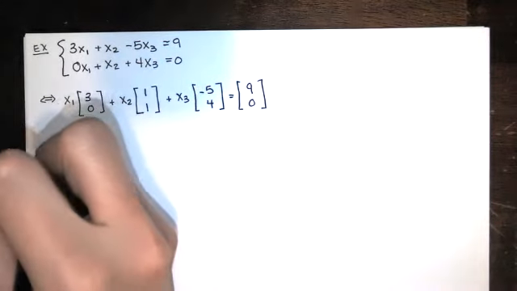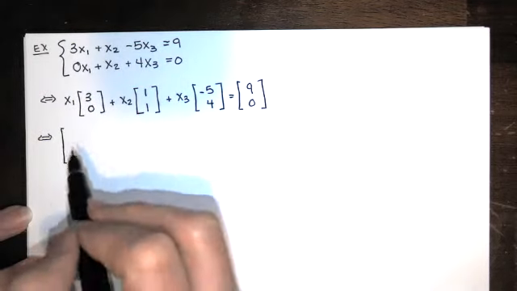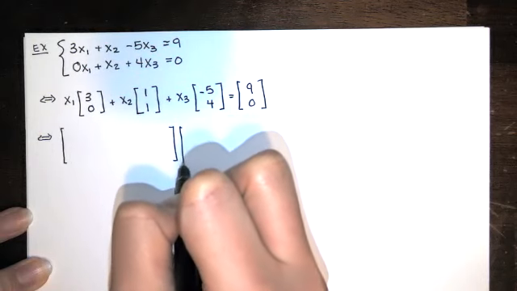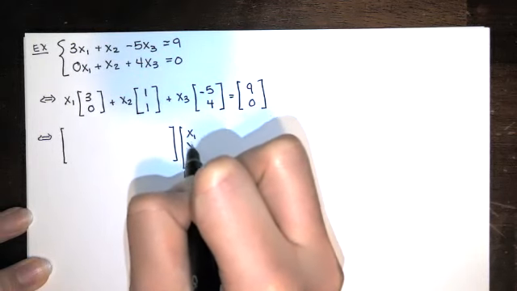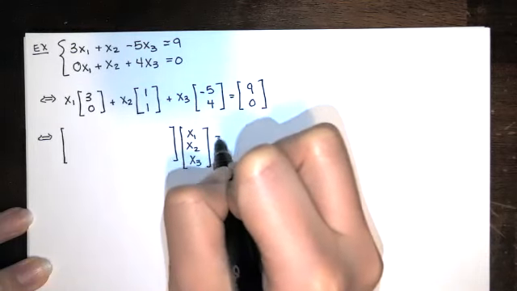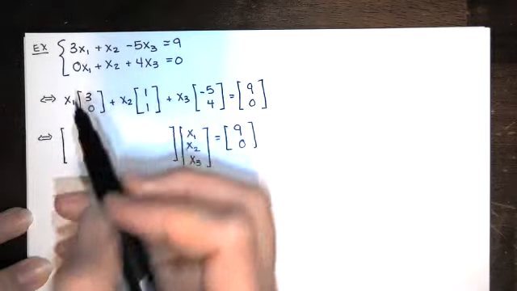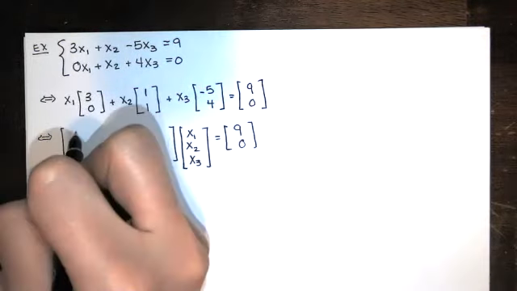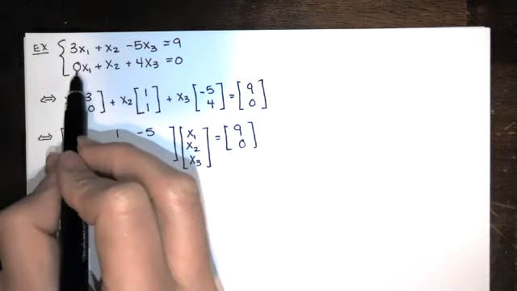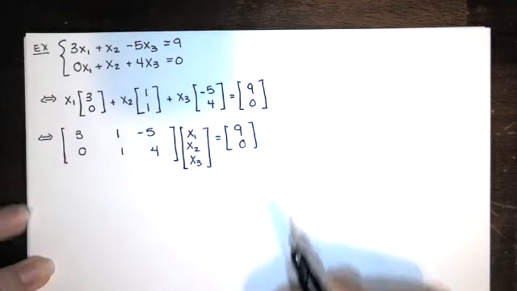Now, the third way that we can think of this problem is in terms of a coefficient matrix A times the vector x, where x has components x sub 1, x sub 2, and x sub 3. The coefficients over here are 3, 1, and negative 5. And the coefficients in the second row are 0, 1, and 4.